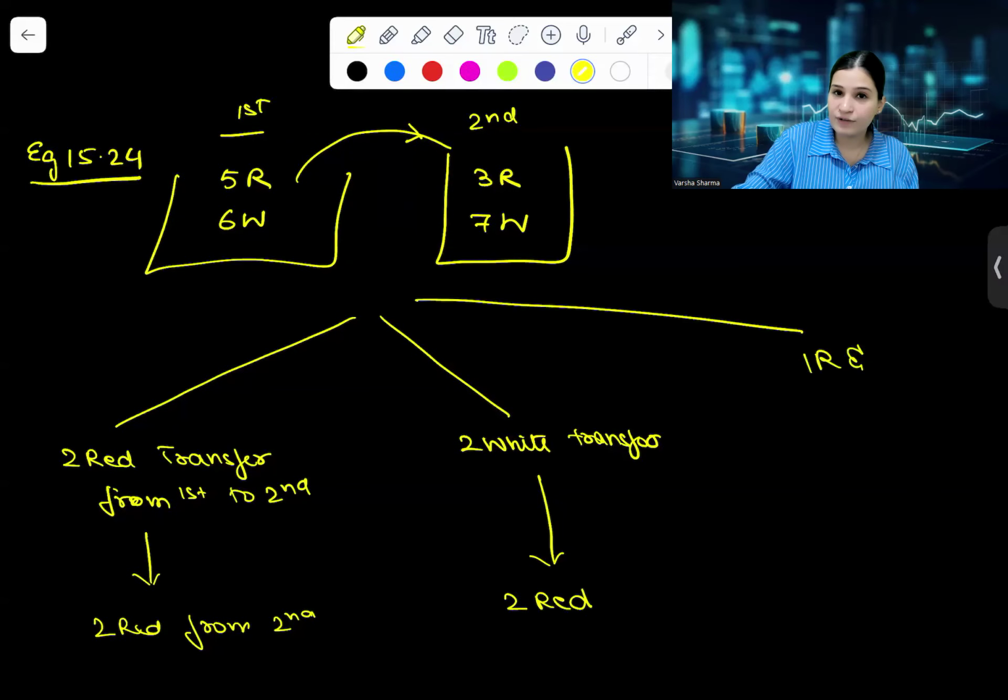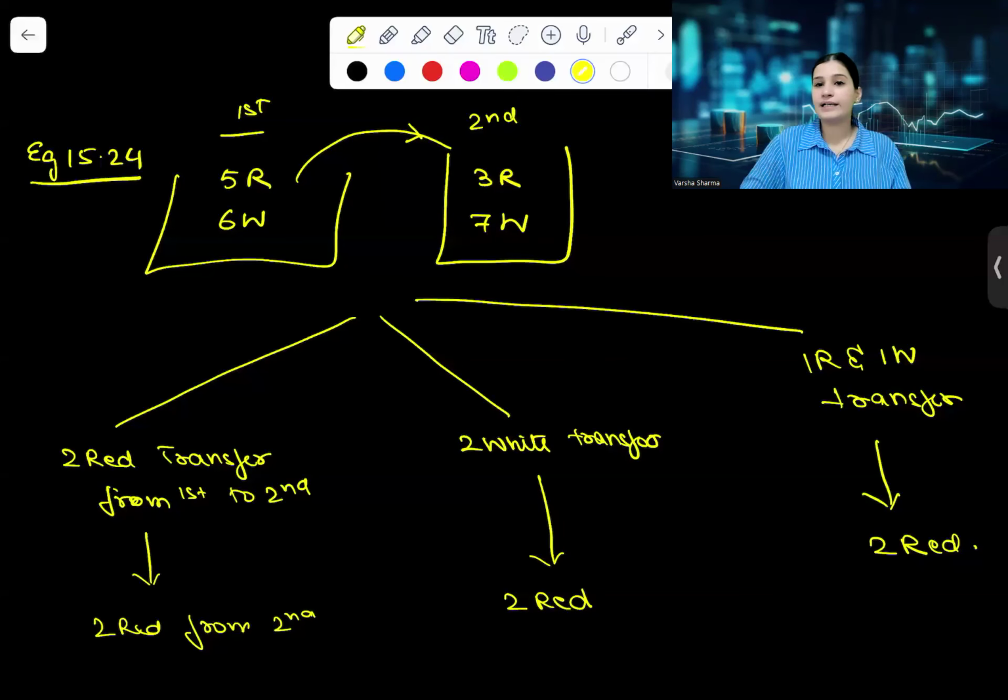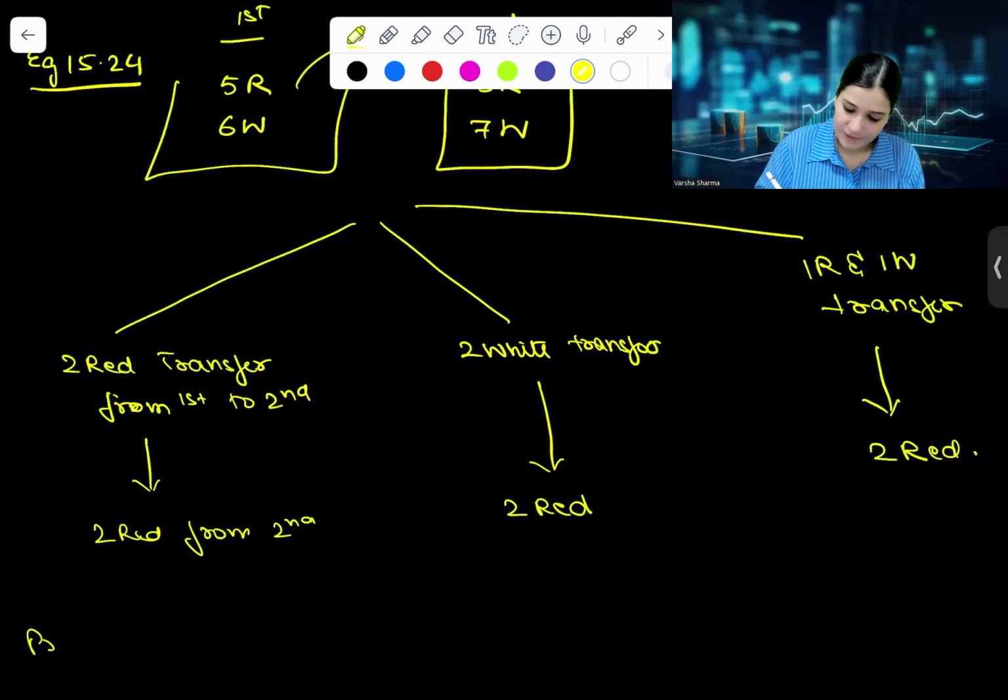Third, one red and one white transferred, and then two red are drawn from second. Did you understand the cases? Yes, ma'am.